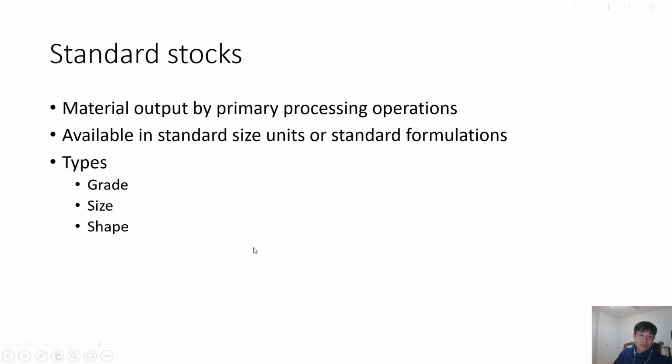So the definition of standard stock: standard stock means material output by primary processing operations. From nature, we obtain all material, and after primary processing, we get standard stock.